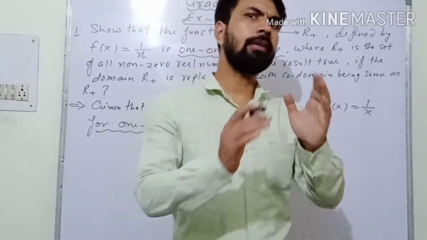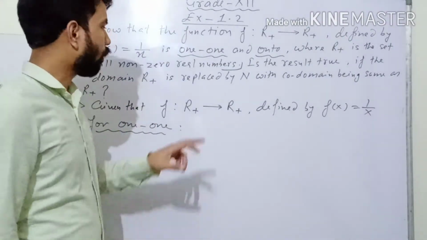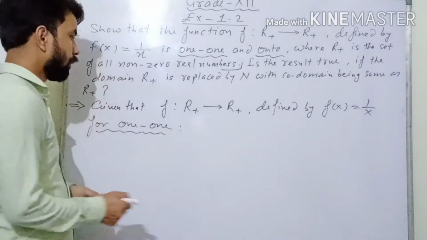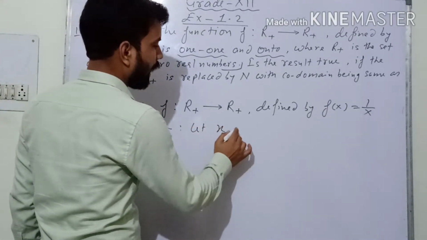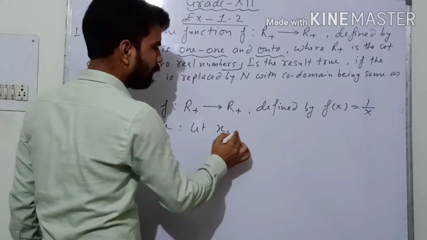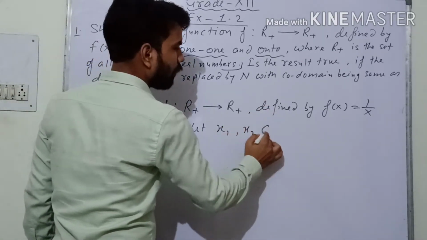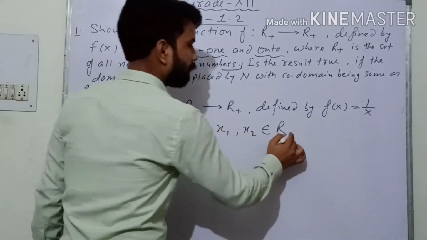Understood? So what we will do, we will consider two different elements of its domain. So I am considering here, let x and y, or we can say x1 and x2 belong to the domain. What is the domain? R positive.